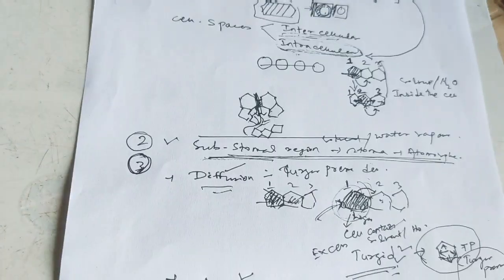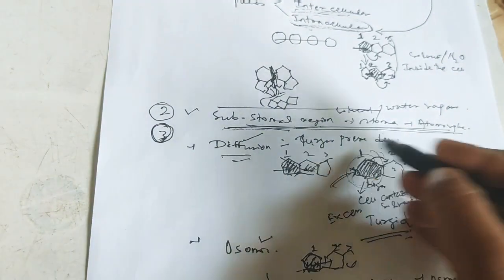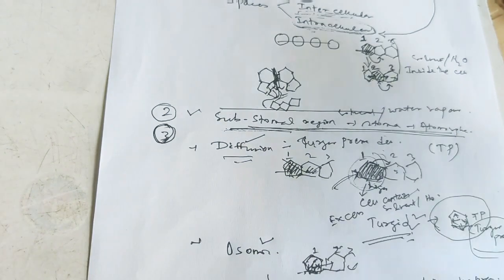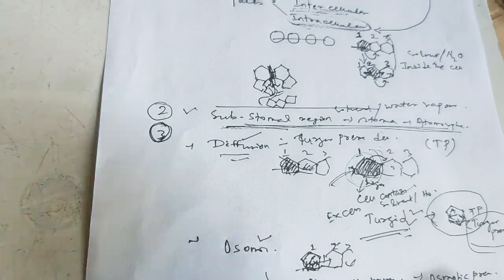Next, about the pressures: TP, turgor pressure, OP, osmotic pressure, and DPD.